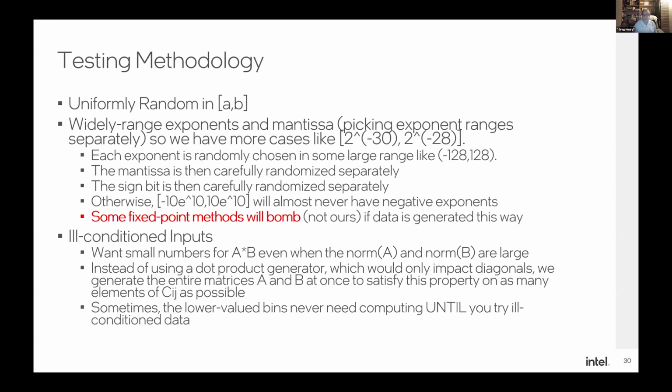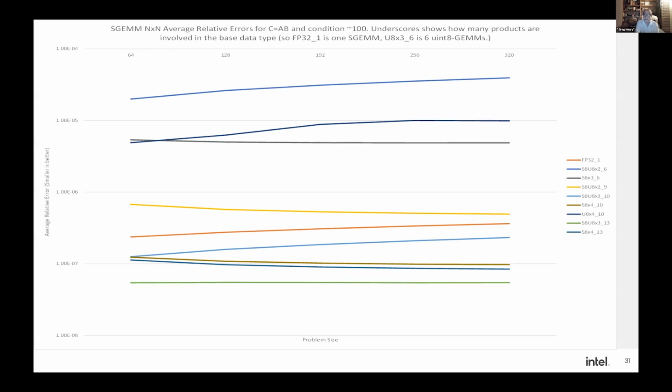And that's always good. Another thing I want to point out is I did lots of different types of testing: widely ranging, uniformly random, ill-conditioned. I have special ill-conditioned generators that really test the ill-conditioned results. I don't know if the legend is available, but this is a whole bunch of different single precision approximations where you have different splits, different number of bins, different number of multiplies.